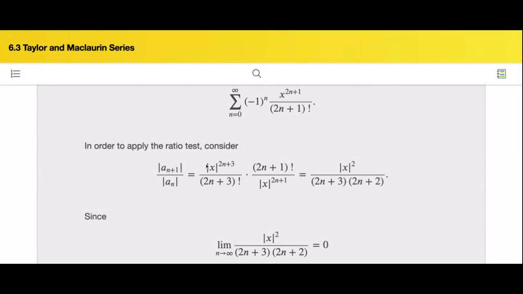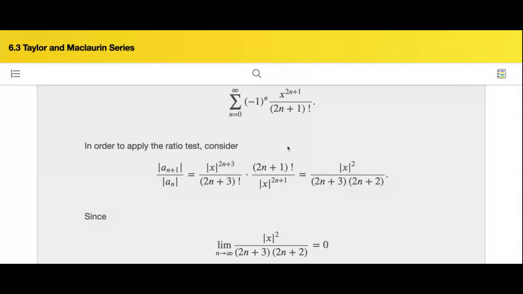So this is the n plus 1 term in the series. Then we divide by the nth term, or multiply by its inverse. The nth term is x^(2n+1) divided by (2n+1) factorial, so we flip it: (2n+1) factorial in the numerator and x^(2n+1) in the denominator.